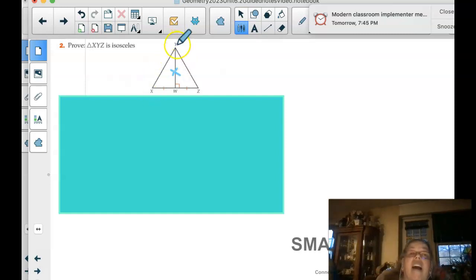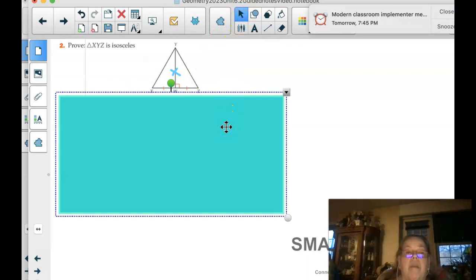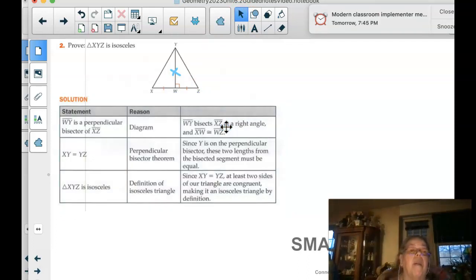Therefore, this guy is equal to this guy by CPCTC. And so we know that it's an isosceles triangle because an isosceles triangle has at least 2 congruent sides. It used to be exactly 2, but they changed it, making me crazy.